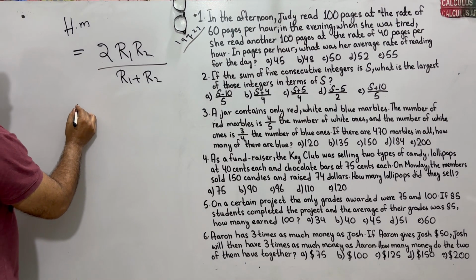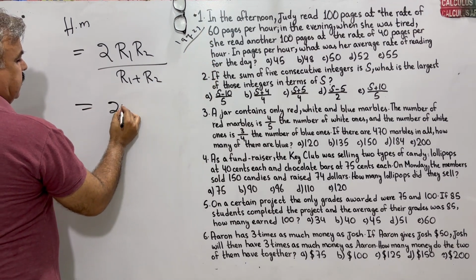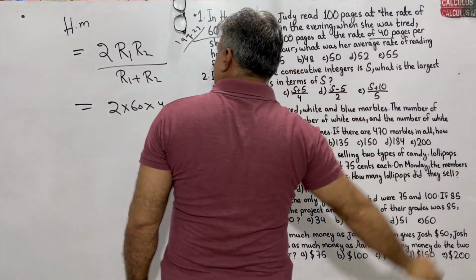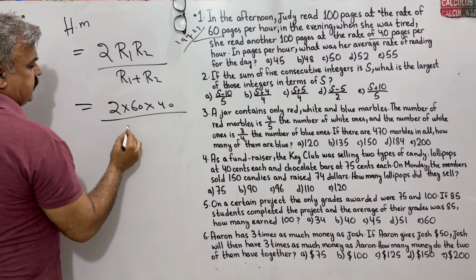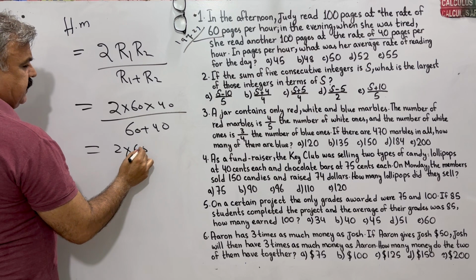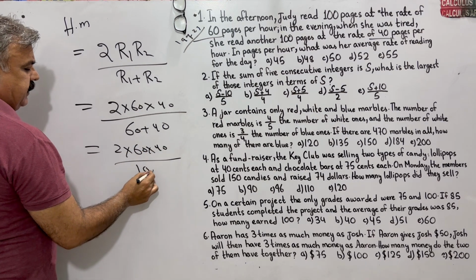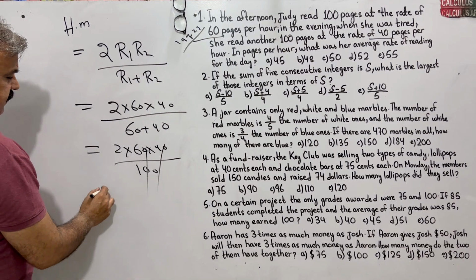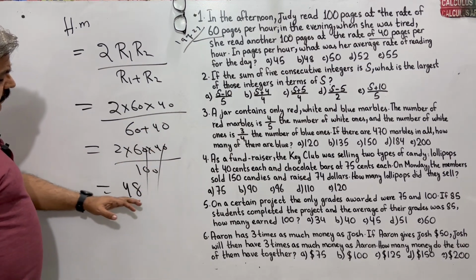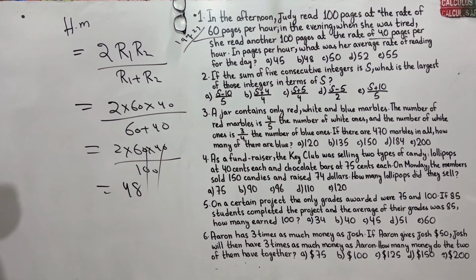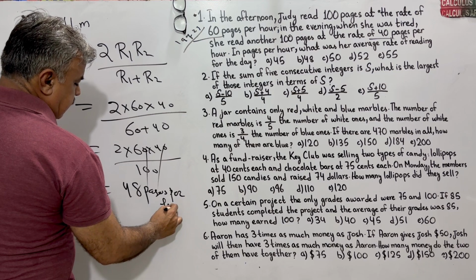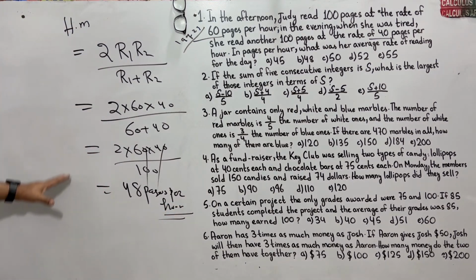We have the rates 60 and 40 pages per hour, so it's 2 times 60 times 40 over the sum of the rates, 100. Zeros cancel out, and I have 2 times 6 is 12, 12 times 4 is 48 pages per hour. 48 pages per hour is the reading rate for Judy.